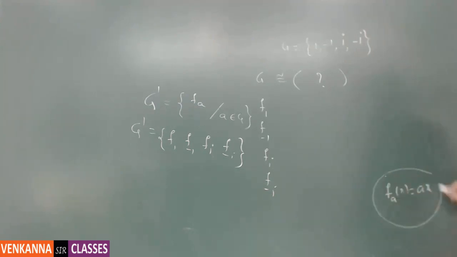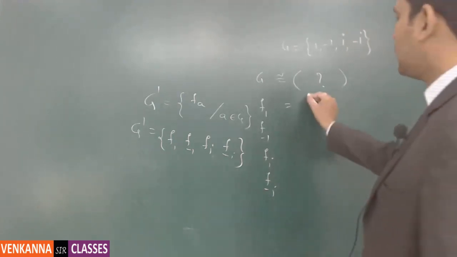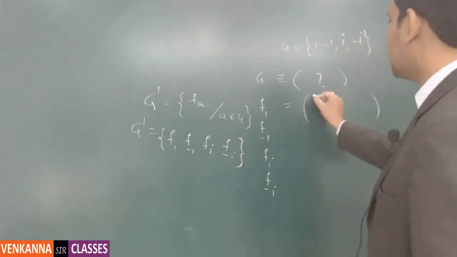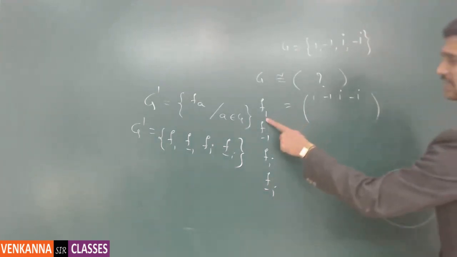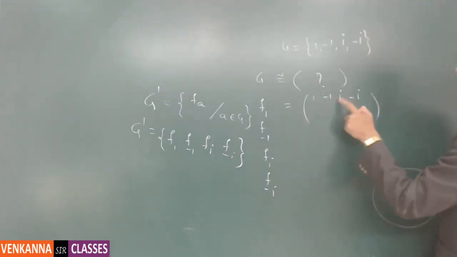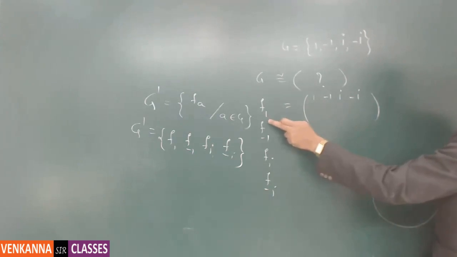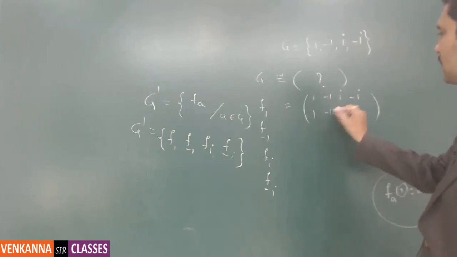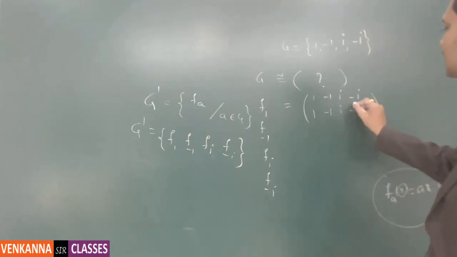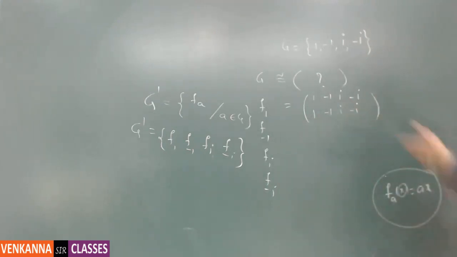So whatever permutation you are writing, you are multiplying each value with this A. So for F1, the elements in G are 1, minus 1, I, minus I. The suffix element is 1. You multiply all of them with this 1. So 1 into 1 is 1, 1 into minus 1 is minus 1, 1 into I is I, 1 into minus I is minus I. This is F1, nothing but the identity permutation.